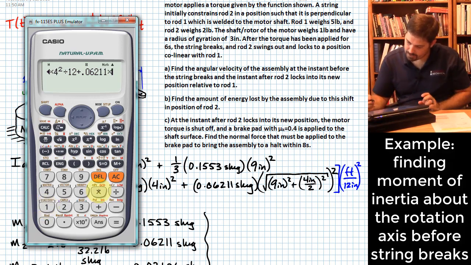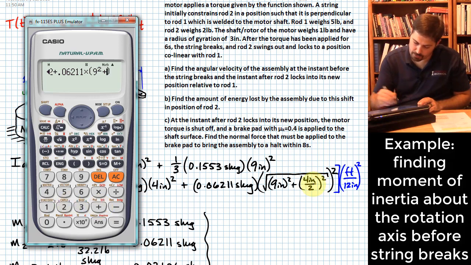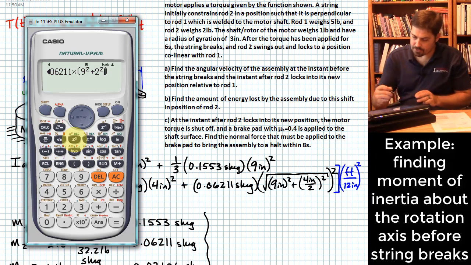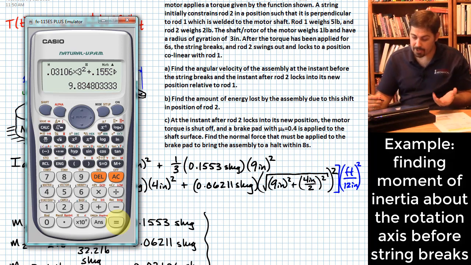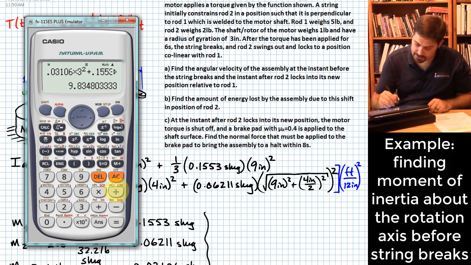times, here I'm taking the square of a square root, so let me just put in what's inside the square root, and that would be 9 squared plus, 4 over 2 would be 2, so that'd be 2 squared. All right, and I'll just hit equals, and to this value here I will apply my conversion, 1 over 12 squared. So I take this and divide it by 144.